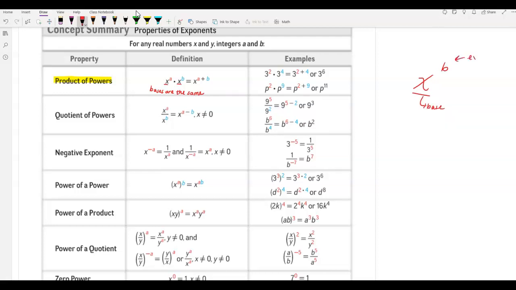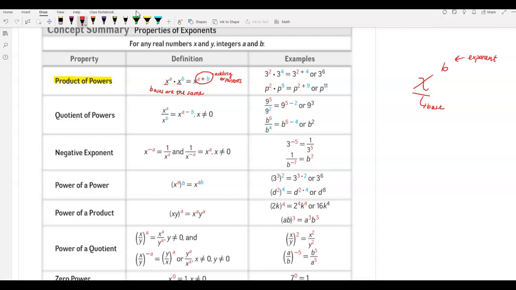That is called an exponent. So when our bases are the same, we end up adding the exponents. So when it says multiply these two bases, in reality, we're just going to add the exponents.